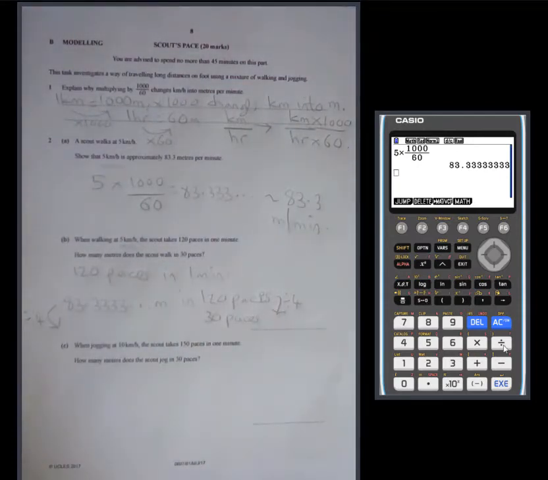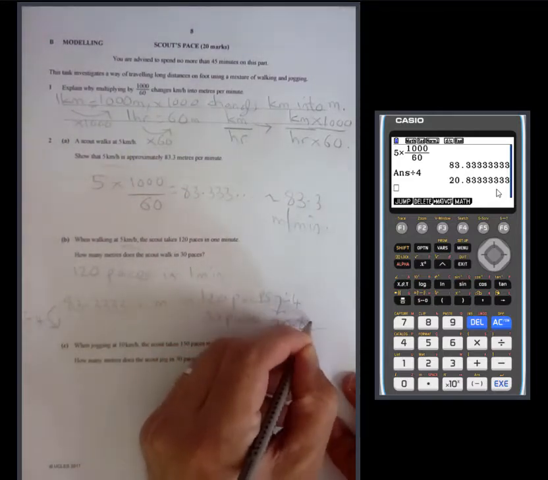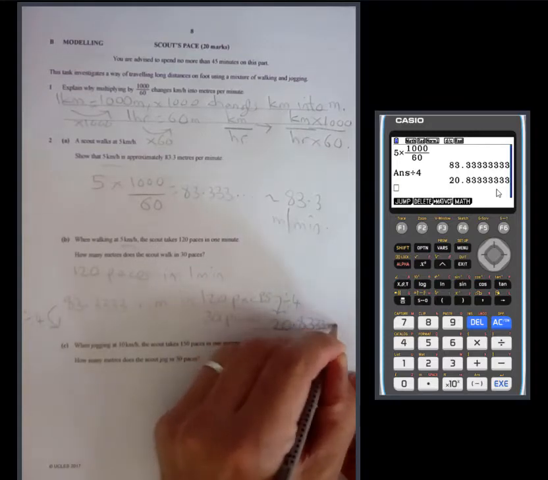83.333 divided by 4. Do use the ANS key whenever you can, or an exact number if that's better, or just a long decimal. You don't want to lose the accuracy marks. Divided by 4, and that gives us 125 over 6, which is 20.8333 meters.